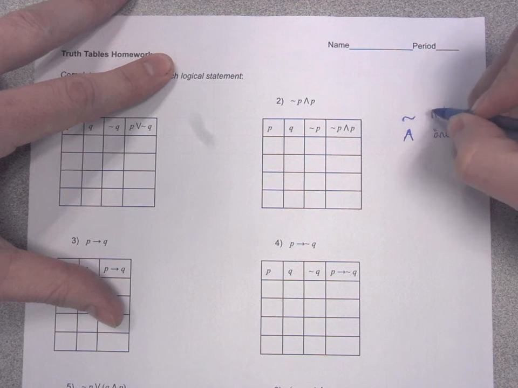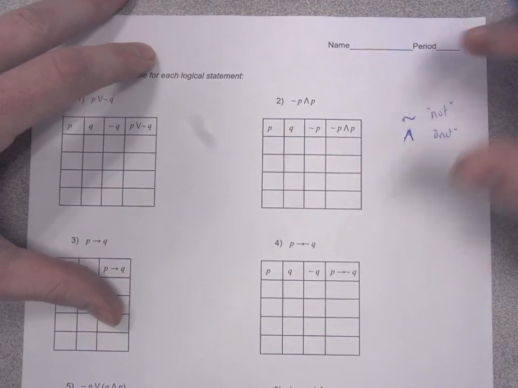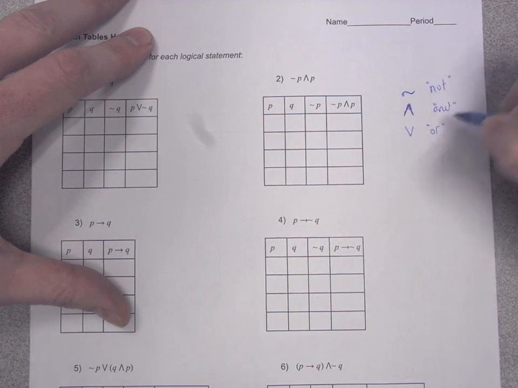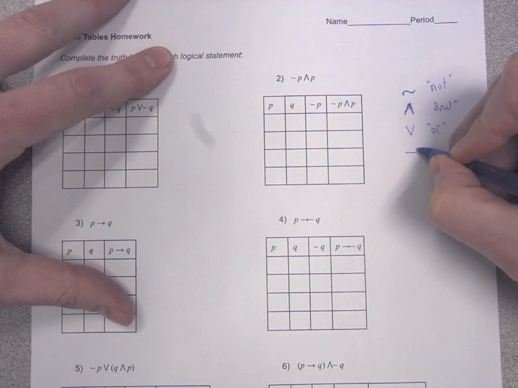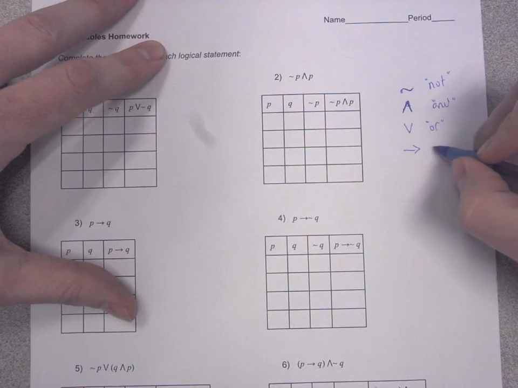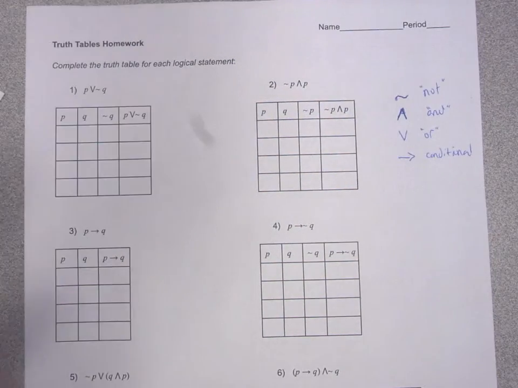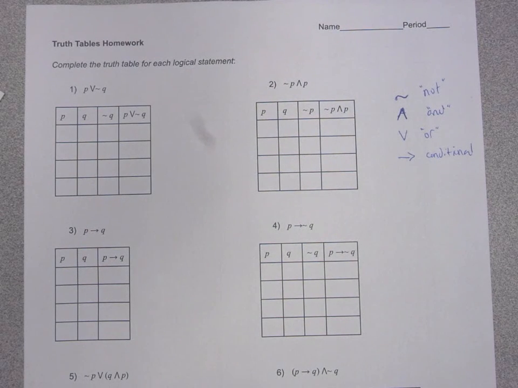We say not. This is how you say that is not. And then you have the OR operator. And then you have the conditional operator. All right, so if you don't know how those work, I would go back and read through those notes, and check those videos, because we're going to use those as we go here.